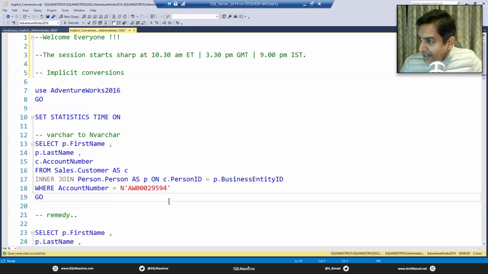So in summary, we are talking about implicit conversion by SQL Server. SQL Server is doing it automatically because the two data types are not similar, and it is making an attempt to convert from lower precedence to higher precedence. When it does that, and if it is affecting the plan quality, SQL Server will give you a warning.